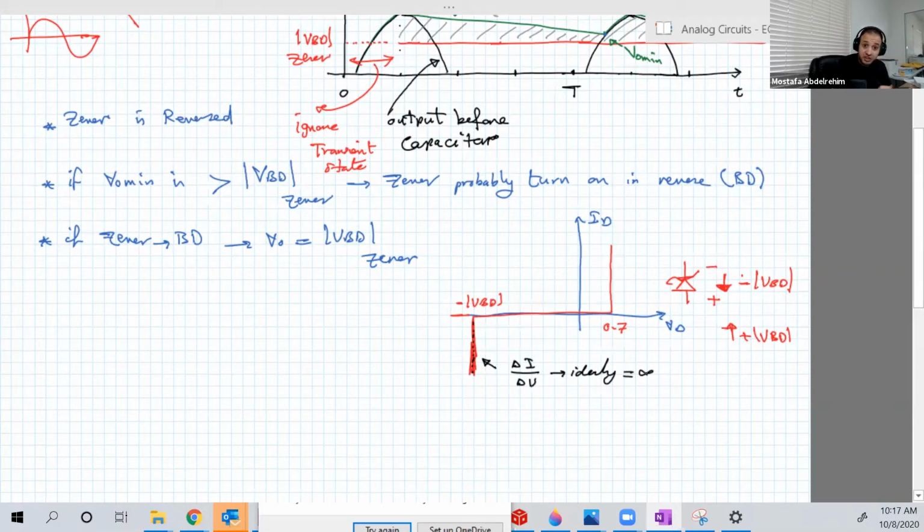The slope here is infinity. So the equivalent breakdown resistance of the Zener is equal to delta V over delta I, which is equal to 0, ideally.